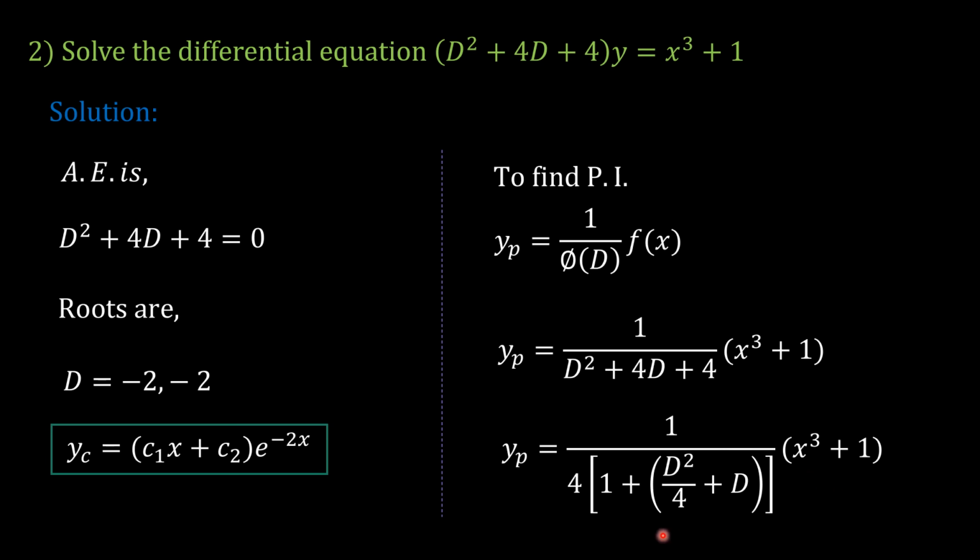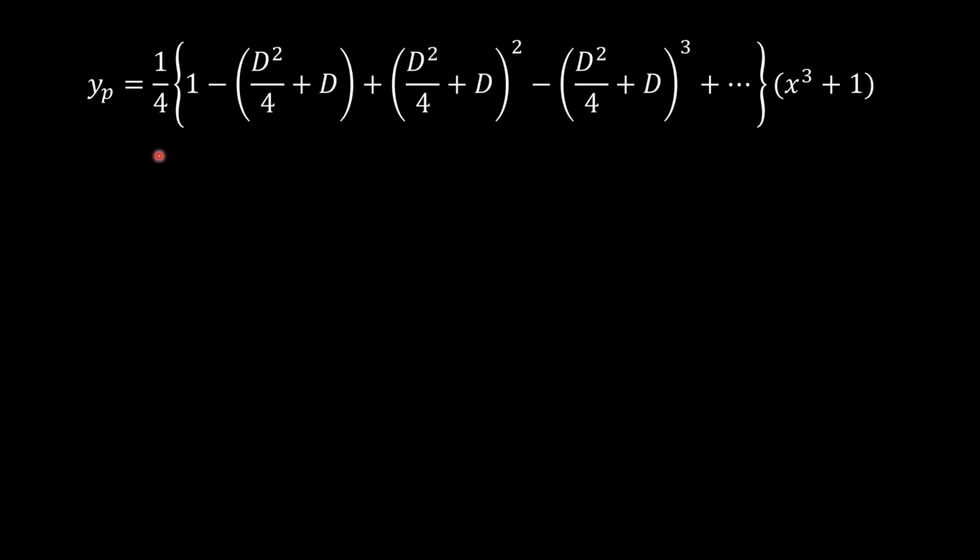So use the formula for 1 upon 1 plus psi of D. That will give us yp equal to 1 upon 4 into (1 minus (D square upon 4 plus D) plus (D square upon 4 plus D) whole square minus (D square upon 4 plus D) whole cube plus so on).